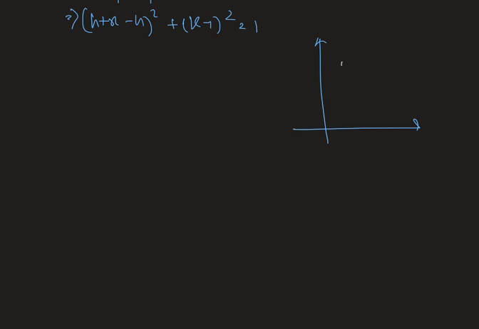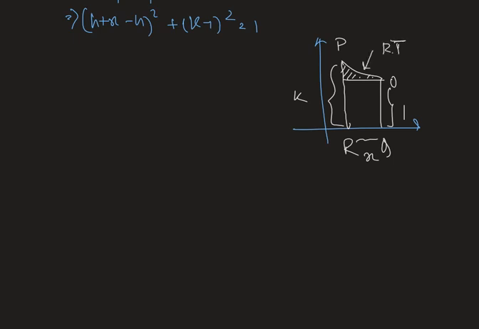Okay, this is O, this is P, this is R, and this is Q. Now the value of PR is equal to k, and the value of RQ is x, the value of OQ is 1. If we draw this triangle, therefore this is a right angle triangle. Okay, and the right angle is this angle, suppose we name it M, therefore the angle M is a right angle.